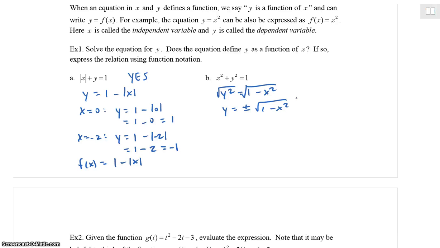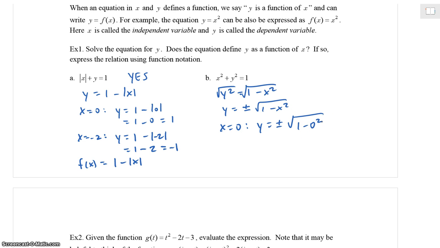Let's choose a value of x, and a simple one to use would be x equal 0. If we substitute that into the equation, having solved for y, we get this.